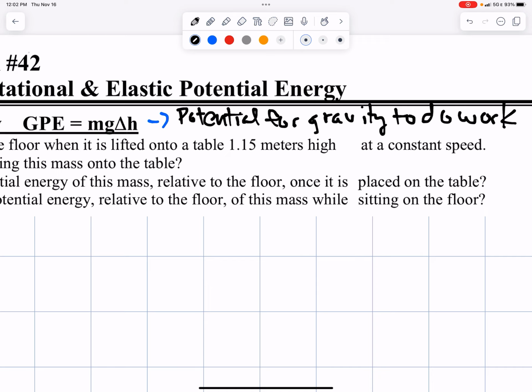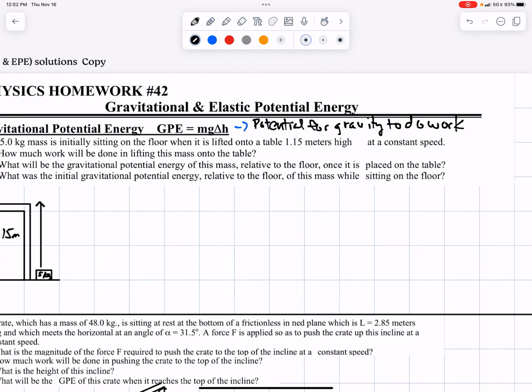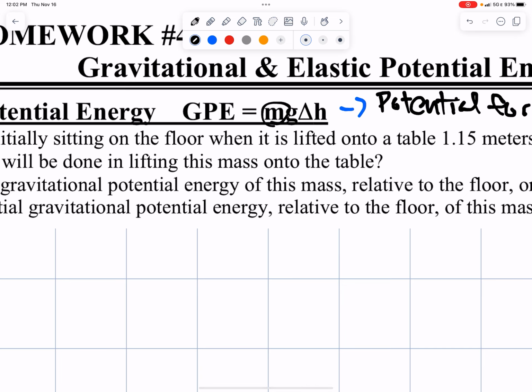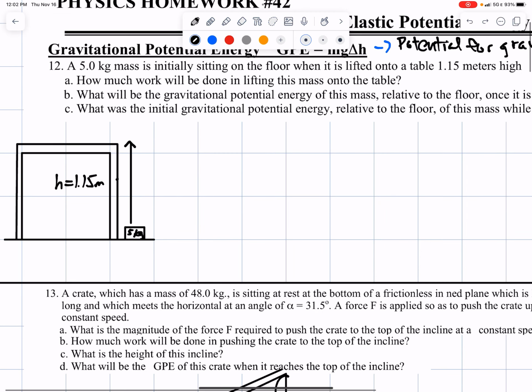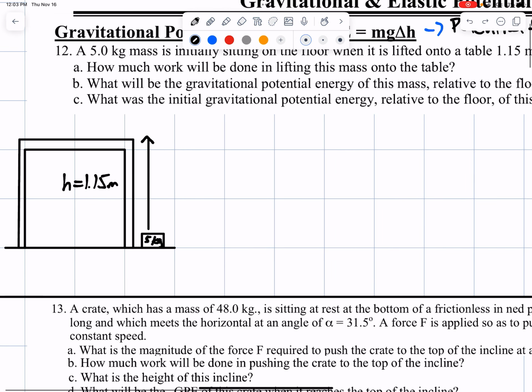Okay, so what we're going to do is essentially look at this relationship, mass times g times height. If you look at the picture that we drew over here to the left-hand side, you can see the table is 1.15 meters high. So how much work is getting done? Well, work, if you recall, is parallel force times distance.